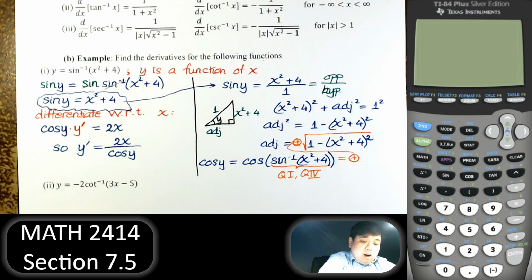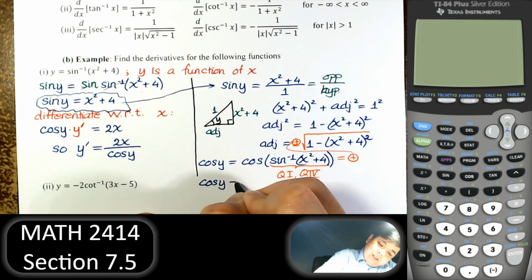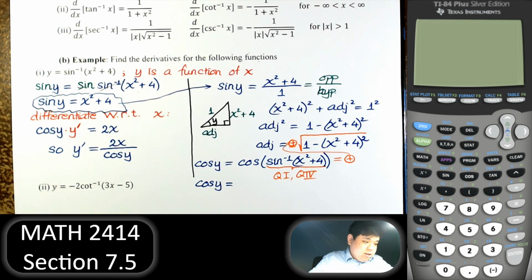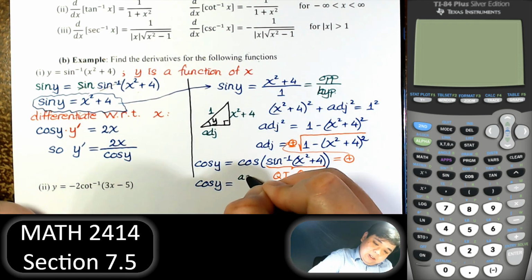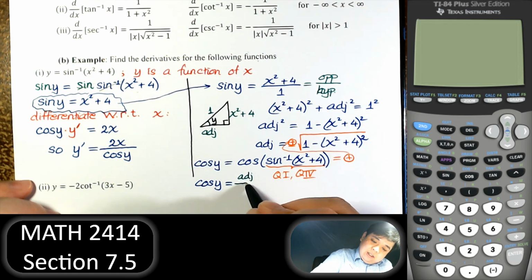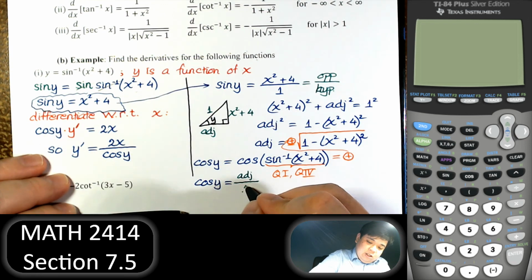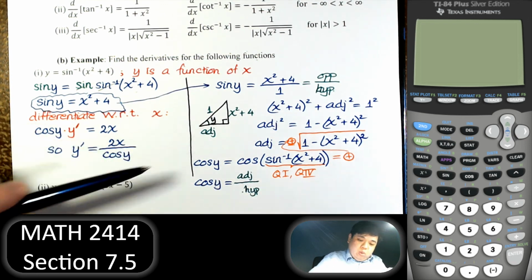Right, and finally cosine of y is adjacent over hypotenuse, which is 1.